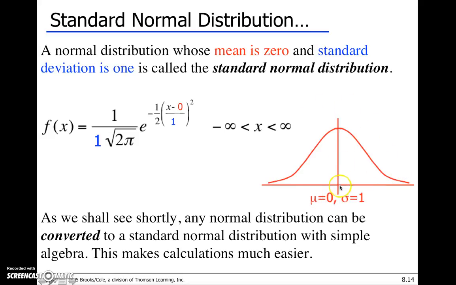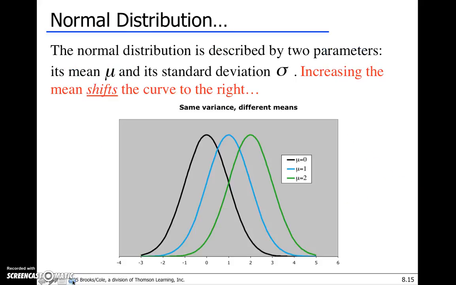The mu is 0, it is symmetrical about the mean of 0, and the standard deviation is 1. As we shall see shortly, any normal distribution can be converted to a standard normal distribution with simple algebra. This makes calculations much easier. This is the reason it's done, to make calculations easier for you.